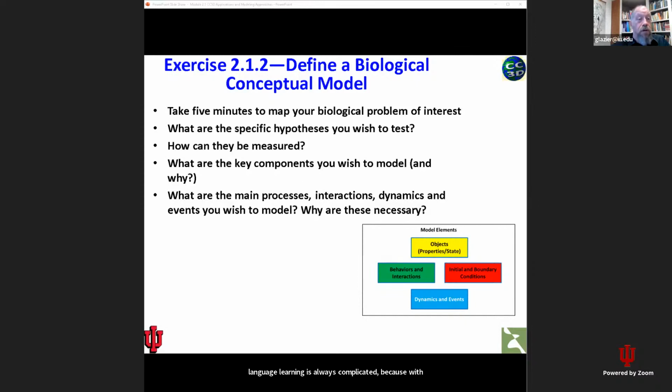But if you have vocabulary but no grammar, you can't organize. And so what we're doing here is trying to define the minimal vocabulary in terms of components, processes, and interactions, and the minimum grammar. What is the basic set of hypotheses and relationships that we need to define our particular problem?